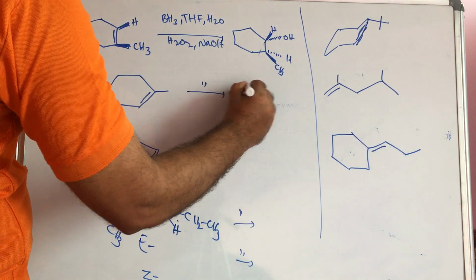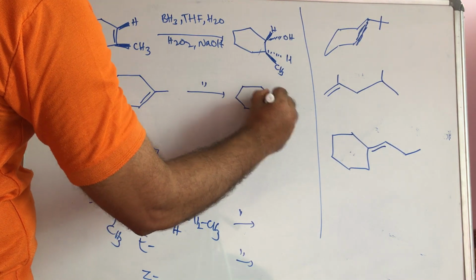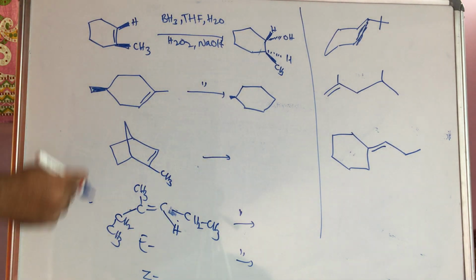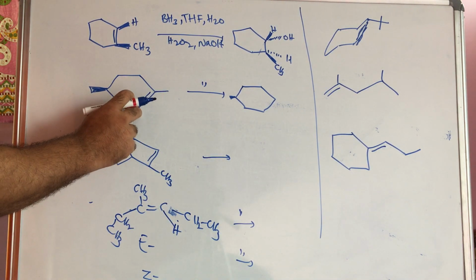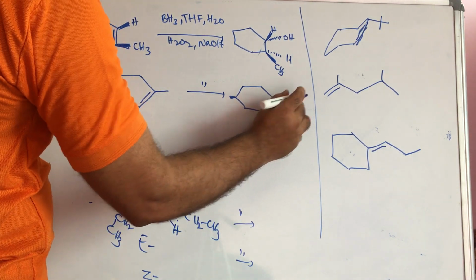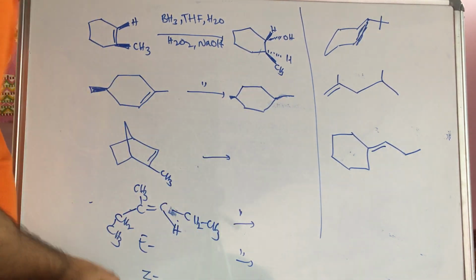Now for this one, this is the front side, this is a methyl group. Here will be H, here will be the OH. Then we will write a normal bond here only, right? No problem.